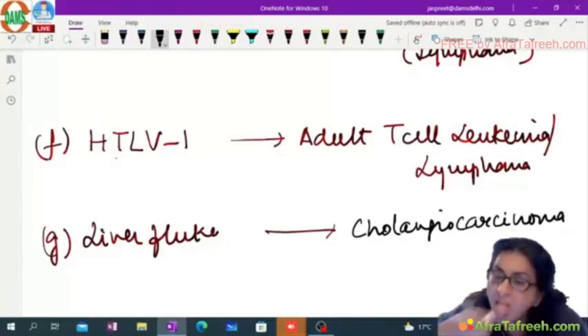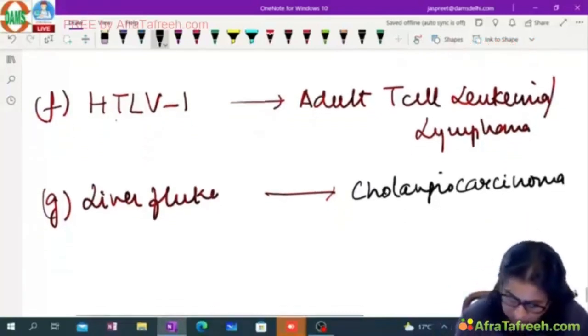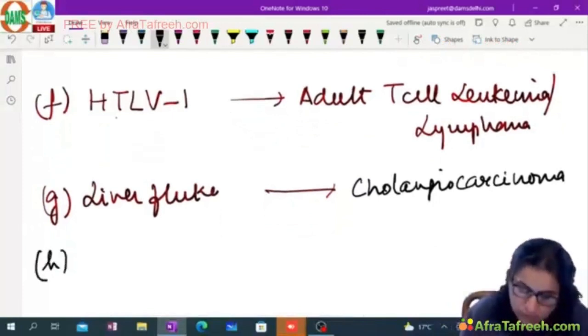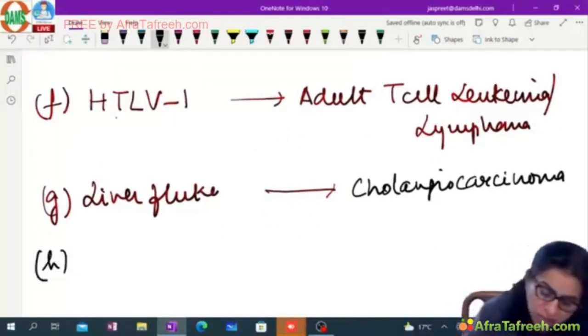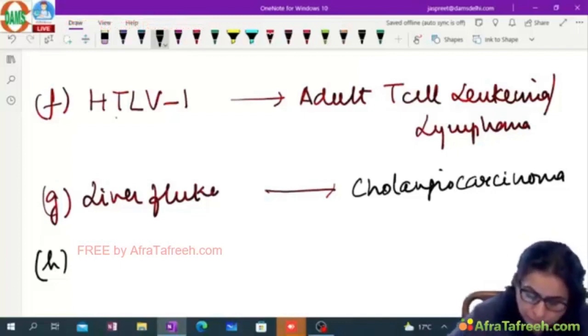Cancer arising from the bile ducts is called cholangiocarcinoma.